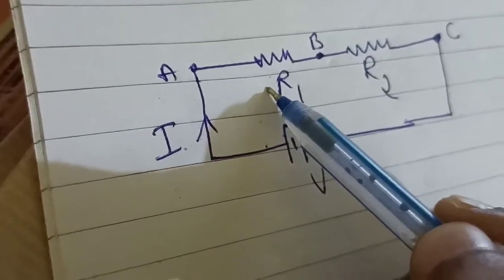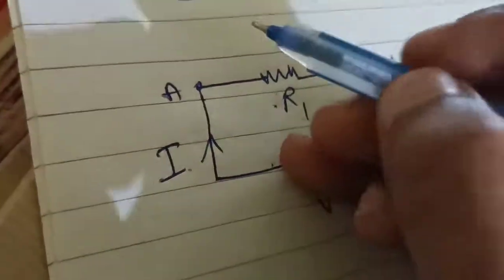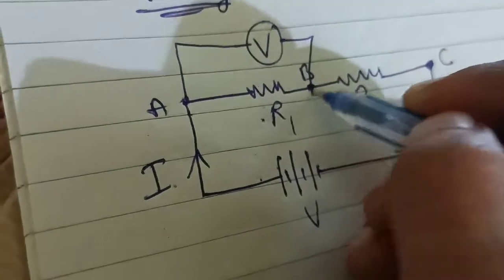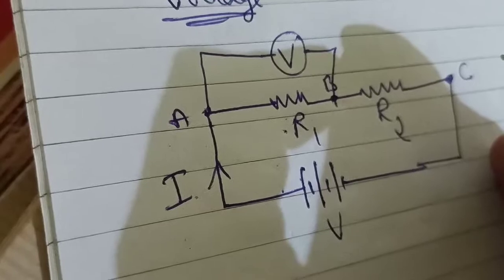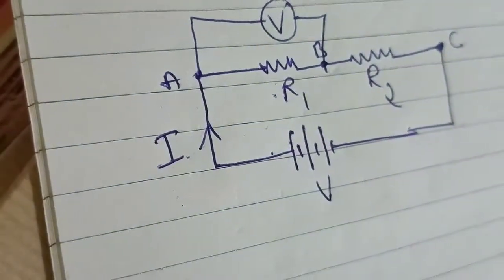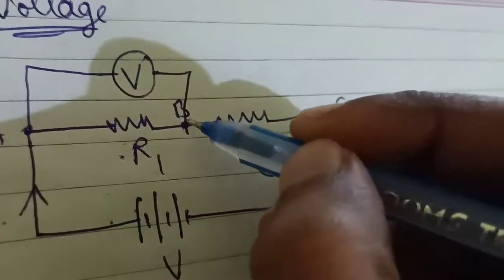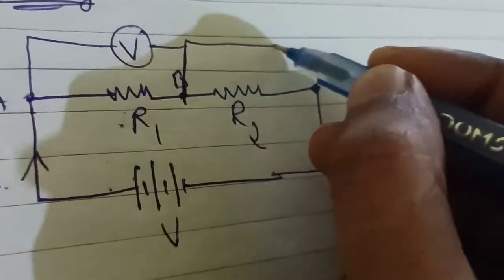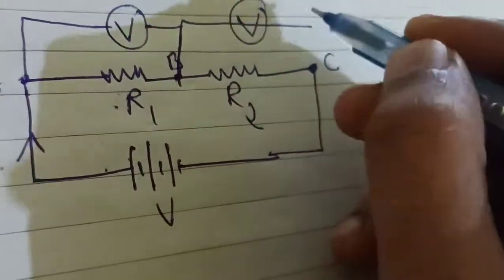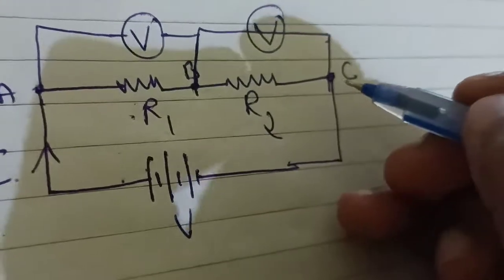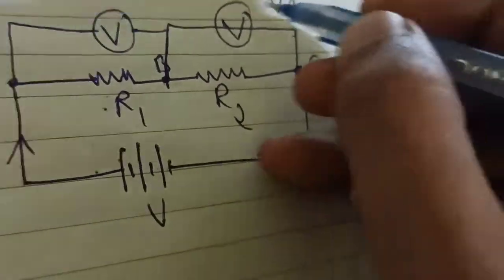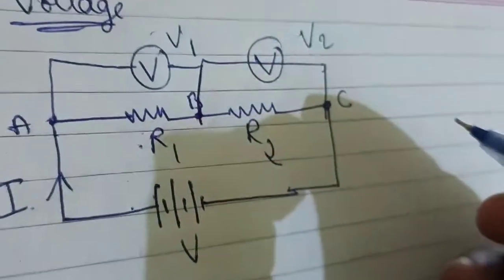I will connect a voltmeter across A and B. Similarly, you connect a voltmeter across B and C. So this is your V2 and this is your V1.